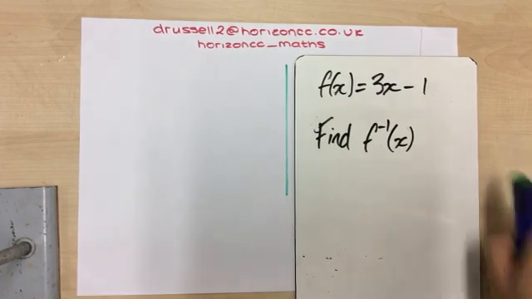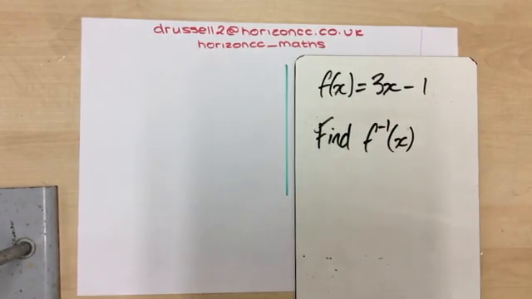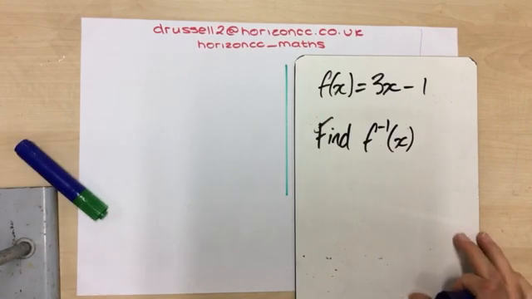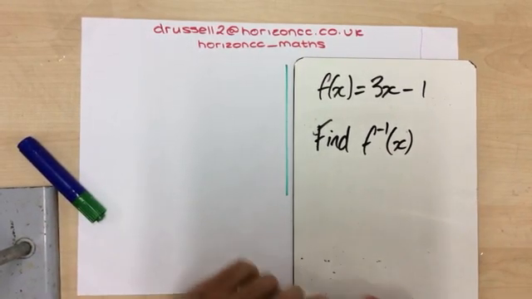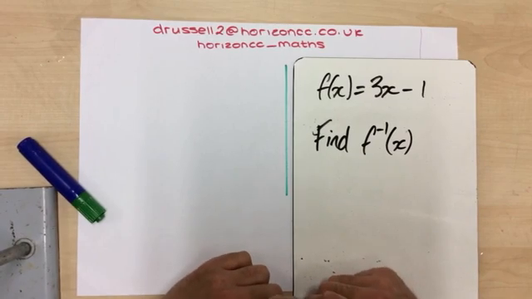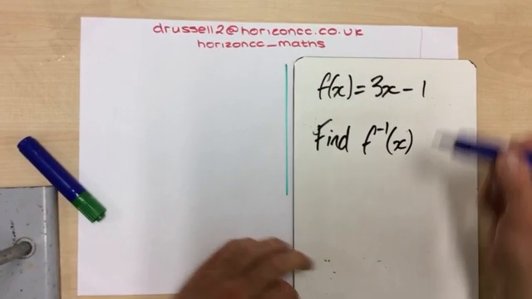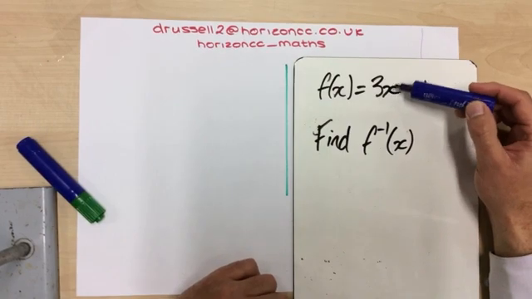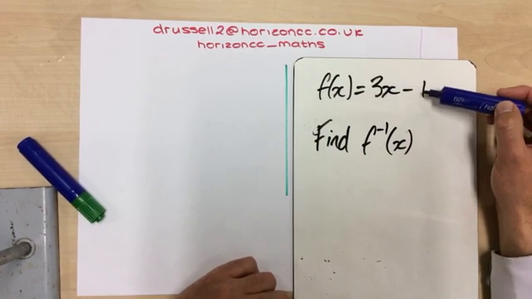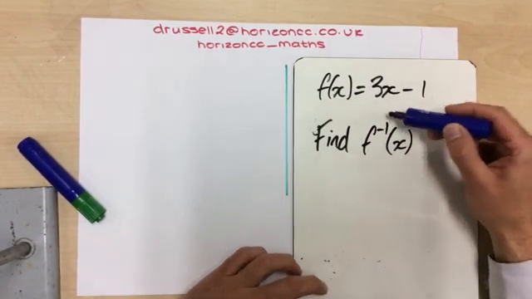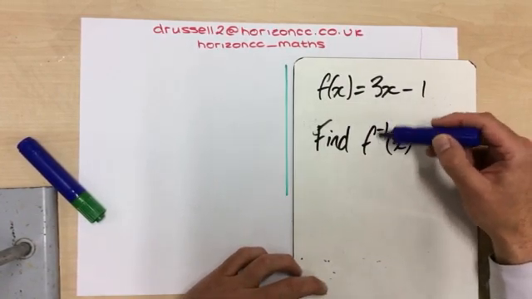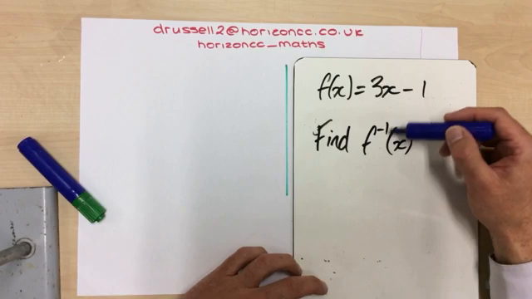Okay, there we are. Right, having just arrived and got this one shoved in front of me. So, f of x, the function is 3x minus 1. I'm asked to put some operations on x. I'm multiplying it by 3, and then I'm subtracting 1. This notation here is asking for the inverse function of x.